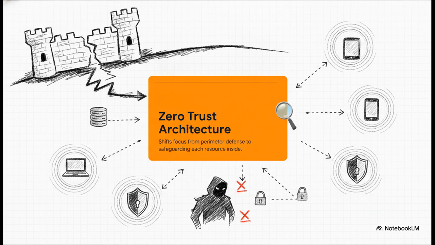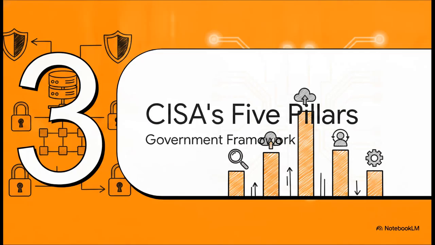You literally operate under the assumption that the attacker is already sitting on your corporate network. And because of that, you grant zero implicit trust to any user, device, or service just based on their location. Every single access request has to be continuously validated. No exceptions.